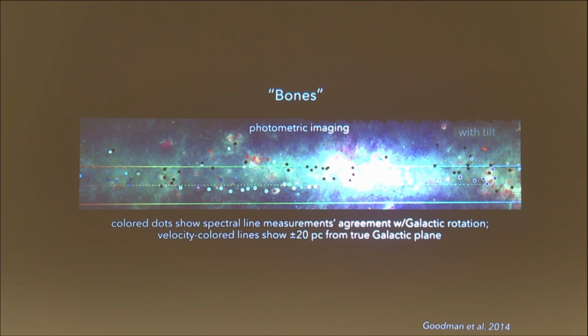So we actually think that they mark the gravitational midplane, at least locally, of the galactic plane. And so we've set out on a search for many more of these, and I'll show you the results in just a second. But what I wanted to show you here is that these colored dots and the colored lines are showing you the predictions from galactic rotation of what the velocity of the gas associated with that thing should be.